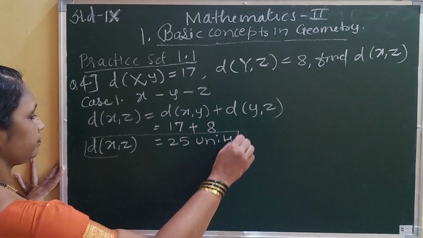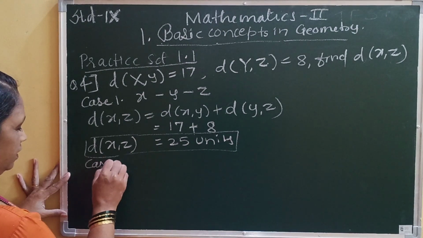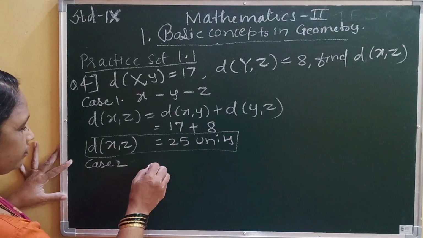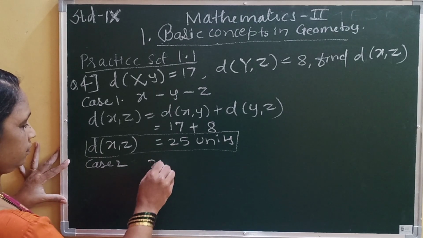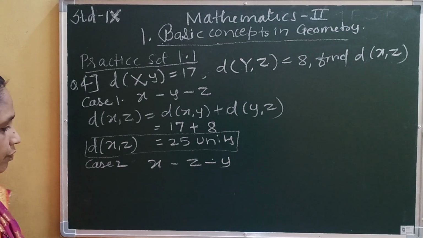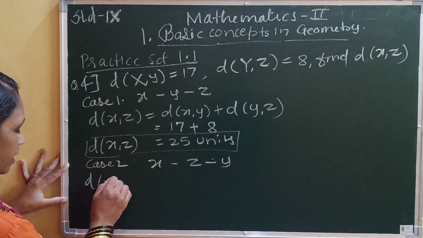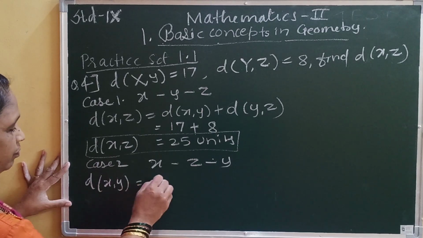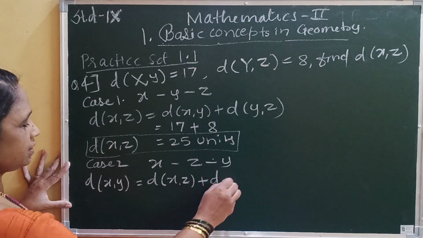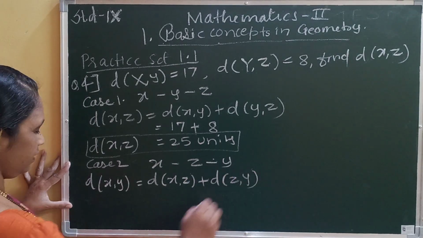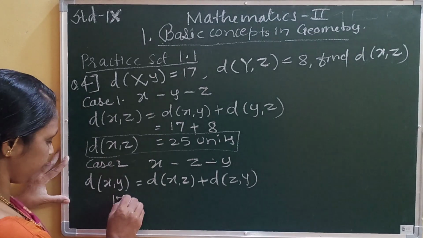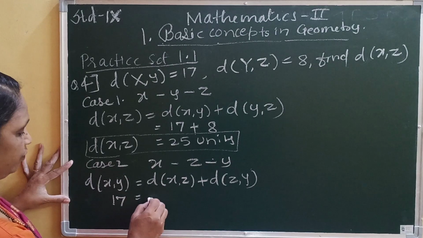Now case 2 we will see. Case 2 is X, Z, Y. Then distance XY will be equal to distance XZ plus distance ZY. Distance XY is given as 17, and distance XZ we have to find out.